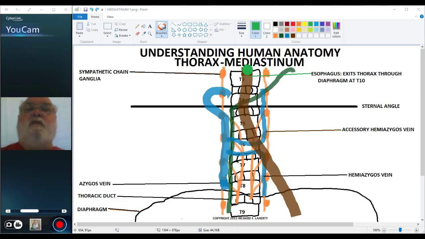Just anterior to the esophagus is the trachea. Now, the trachea begins at the base of the larynx in the neck, and it enters through the thoracic inlet and comes down in the superior mediastinum until it gets to the level of T4, at which time it branches into two: a right main stem bronchus and a left main stem bronchus.